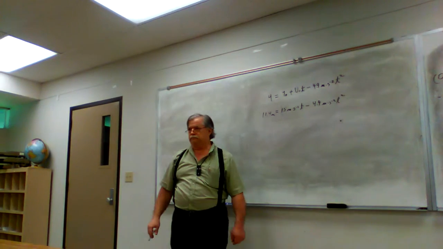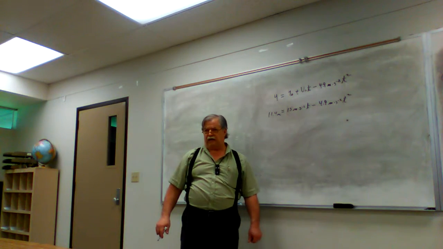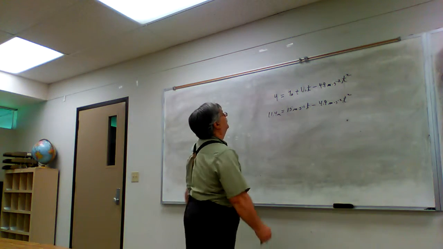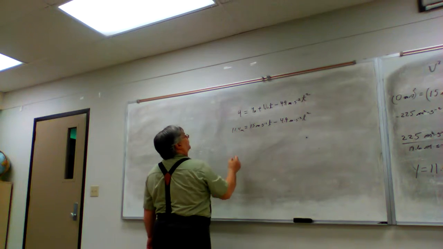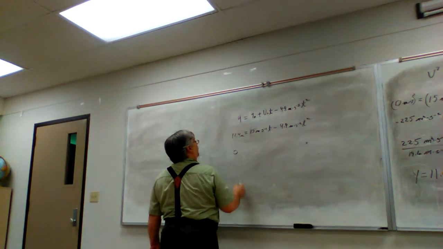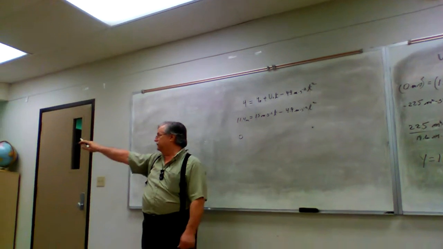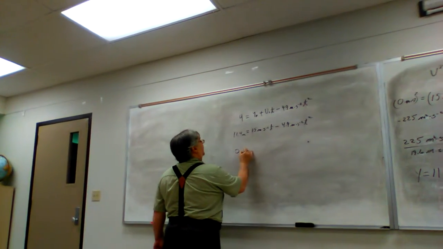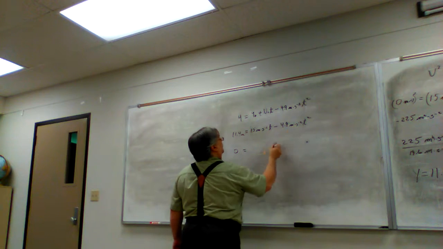Now, how do we solve that? Now we need the quadratic formula. We subtract that from both sides. We write this in the standard form of a quadratic equation. We subtract the constant from both sides.